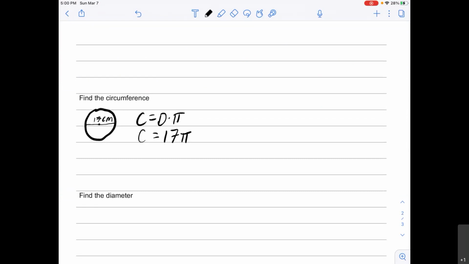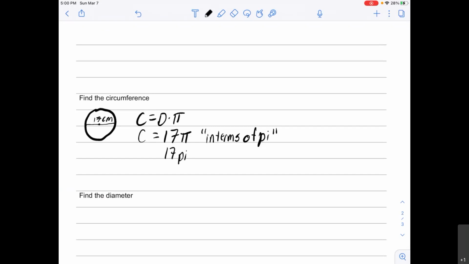Now, there's two types of ways that you might be asked to write an answer. Sometimes you'll be asked to leave your answer in terms of pi. In this case, you would just write 17 pi, or if you were writing it on Schoology, 17 pi.